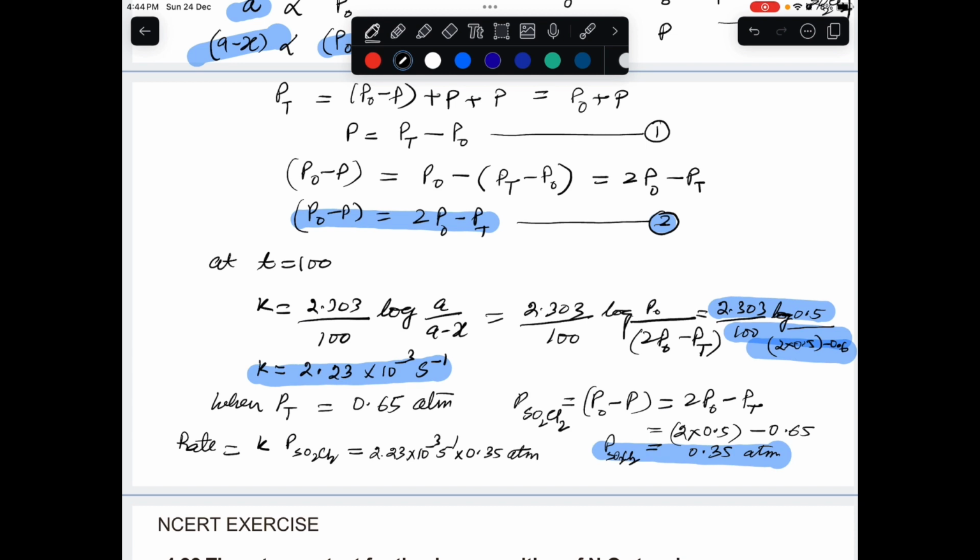Fine. So the value of the rate we get from here is 7.8 into 10 raised to the power of minus 5 atmosphere per second. This is our answer.